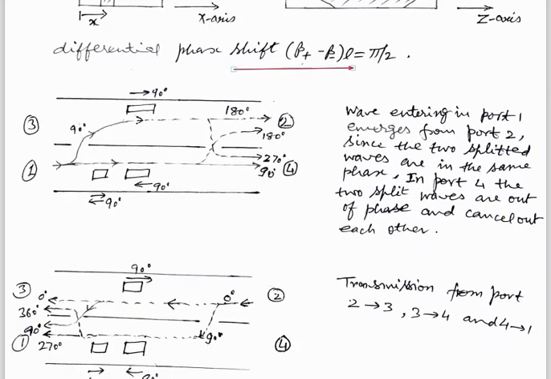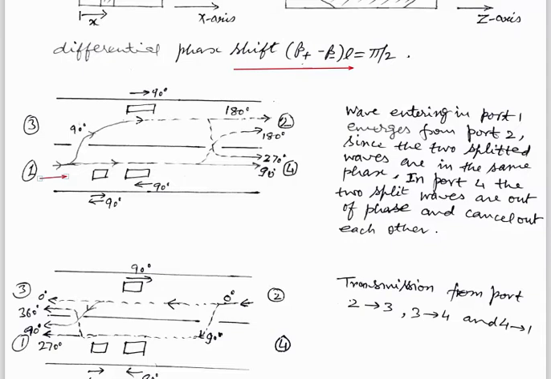So as shown in the figure, we have designated the ports 1, 2, 3 and 4 as marked in the figure. Now if a wave is entering from port 1, then at the 3 dB side hole apertures it will be split in two parts, and it is the property of the aperture that the wave passing through it will have a 90-degree phase shift.